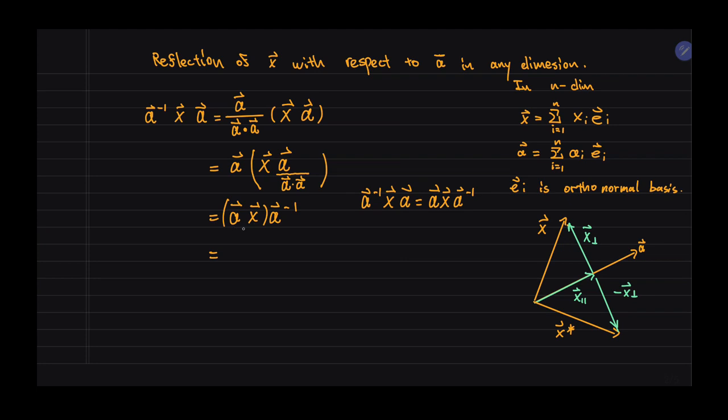Since the geometric product of a vector with a vector can be written in terms of the dot product and the wedge product, it will be a dot x plus a wedge x, geometric product with a inverse.